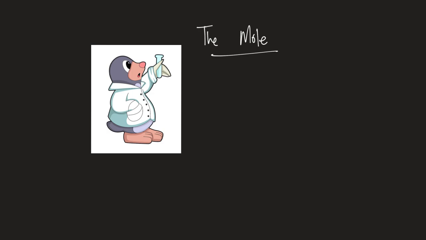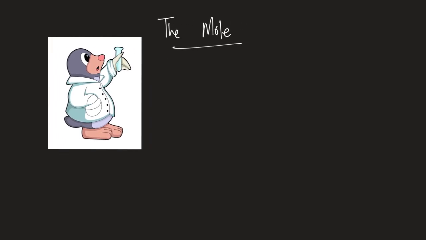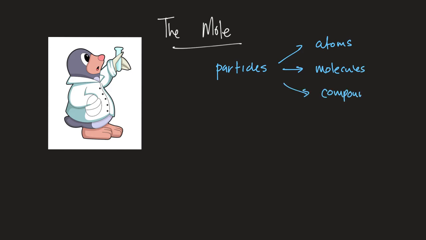Now, sometimes it's important to know how many particles are in a sample of any kind of substance. When I'm talking about particles, I can either be talking about atoms, or molecules, or compounds.